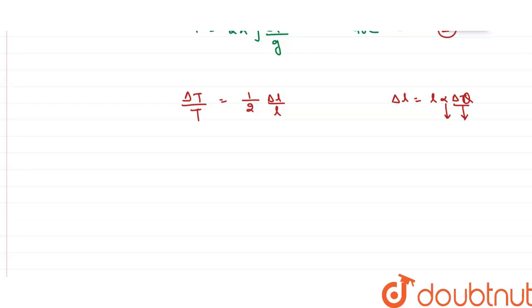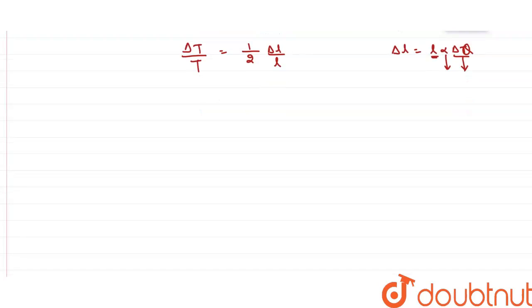L is the original length and delta L is the change in length. So this is the equation of linear expansion. So I will put delta L as L alpha delta theta. So the value of delta T upon T equals half L alpha delta theta upon L. L cancels out. So from here, delta T upon T will be half alpha delta theta.